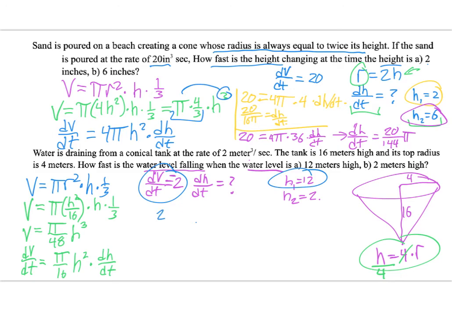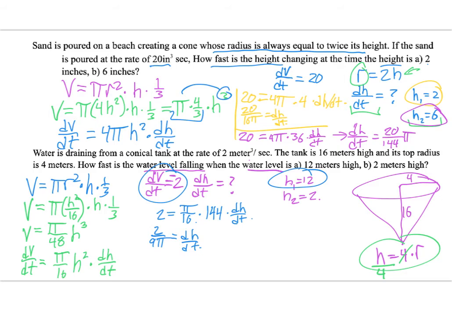So we get 2 is equal to pi over 16 times h squared, which is going to be 144, times dh/dt. Getting that by itself, 16 times 9 is 144. So we end up with 2 over 9 pi is equal to dh/dt.